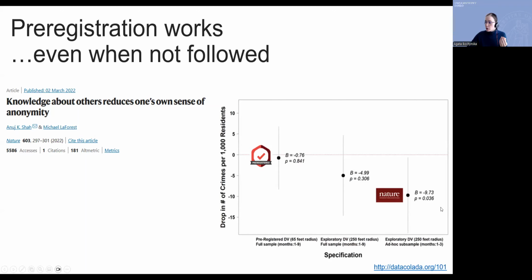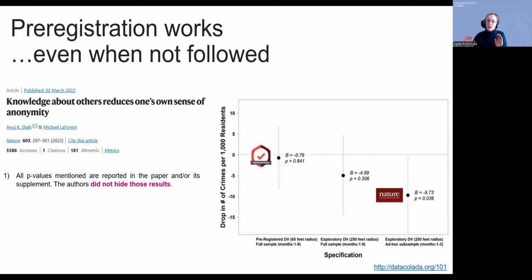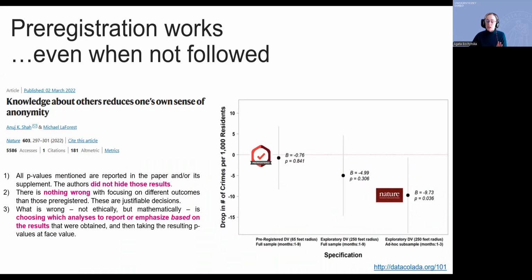So they chose to report a different effect, not the one they pre-registered as main, in the final article. They still report everything, right? They still report the effect that they pre-registered, but they don't report it as the main effect. So in principle, because everything is reported in the paper, the authors are not hiding anything, and there's nothing wrong with focusing on different outcomes than those pre-registered. Those are very justifiable decisions.